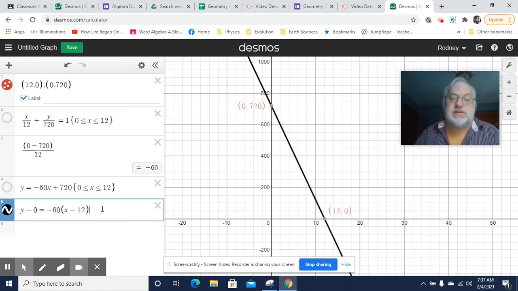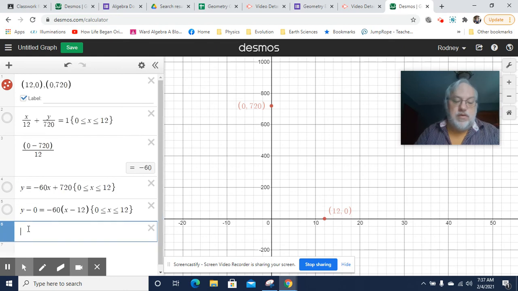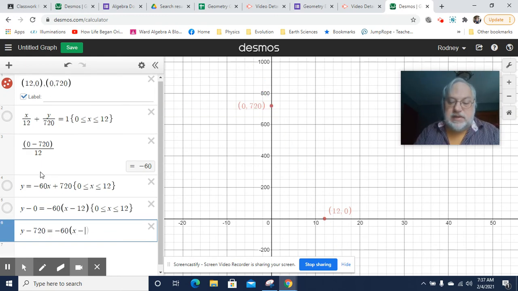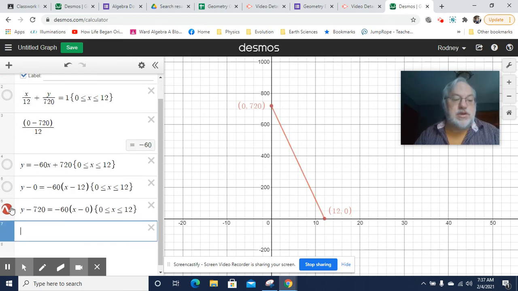So that's a point-slope form that works, with my restriction again. Or I could use the other point, (0, 720): y minus 720 equals negative 60 times x minus 0. I probably wouldn't use point-slope form for this because of the zeros, but it will actually work mathematically.